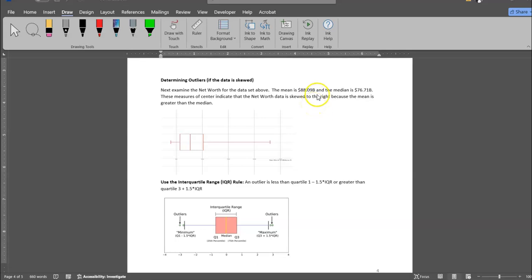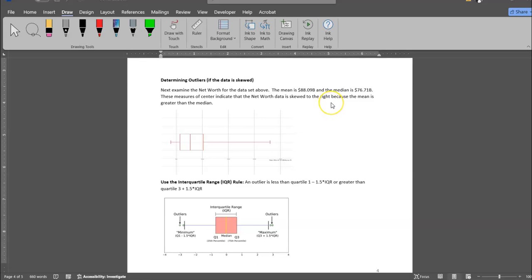So I've calculated the mean and the median for you, and we find out that the mean is $88.09 billion and the median is $76.17 billion. And so we can see here that the mean is greater than the median, and it's greater by quite a bit. And so that means that there's some data values, or at least one data value, that's pulling the data to the right.